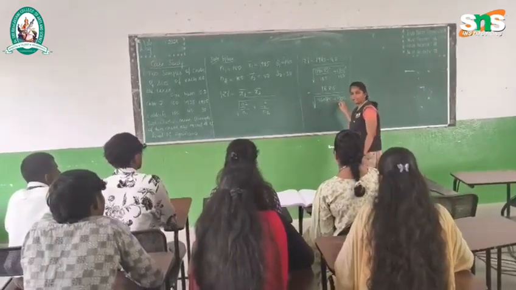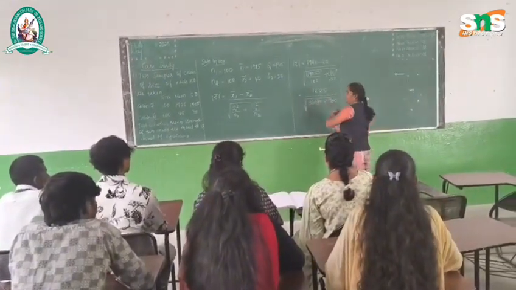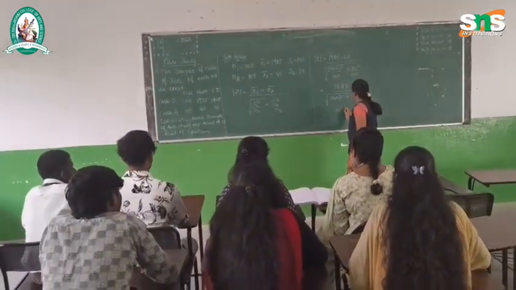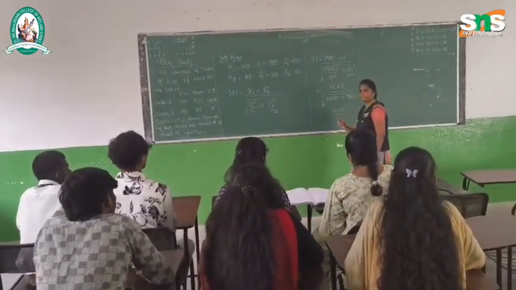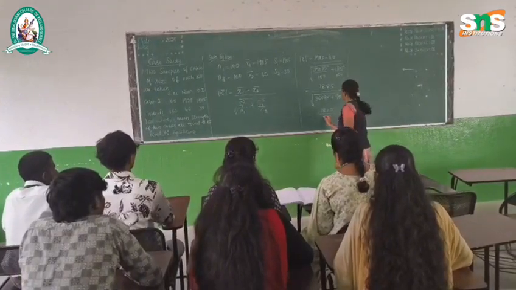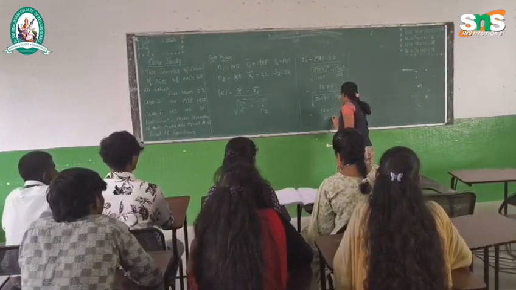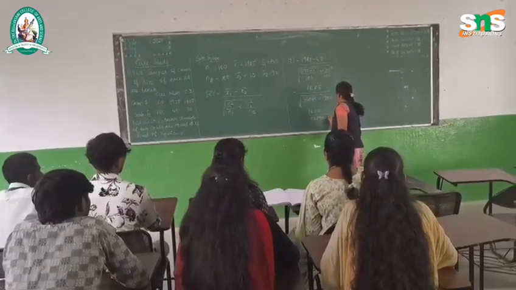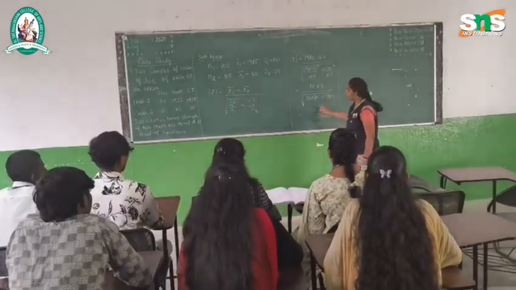Now you have to add these denominator values and take the square root. So your denominator answer is 9.5. Now you have to divide these two values.